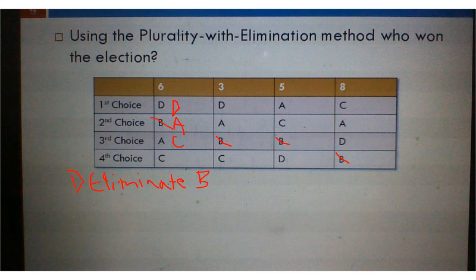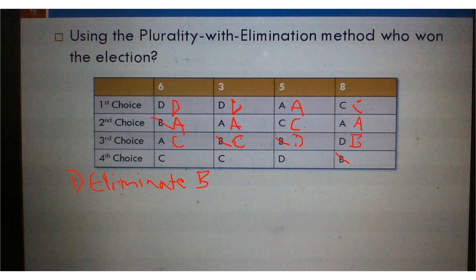So DAC, and the last column will remain the same because B was the last one in that column anyway. Okay, so now there's only 3 candidates to look at.